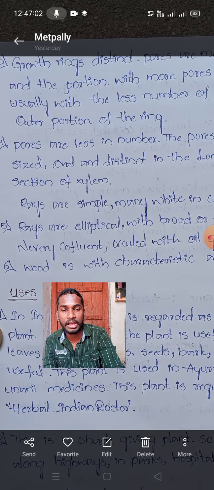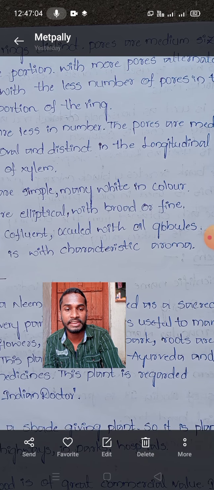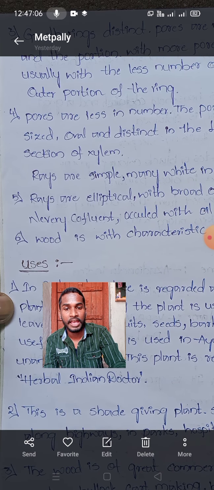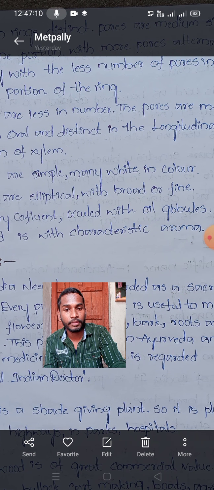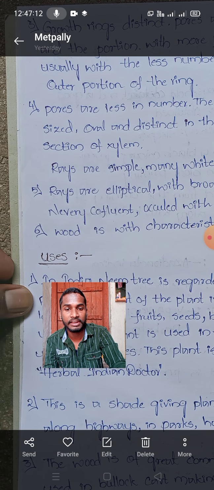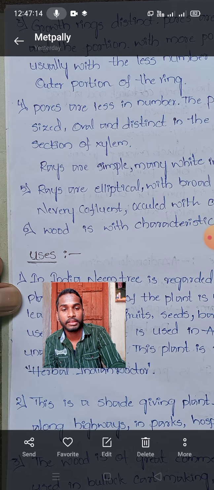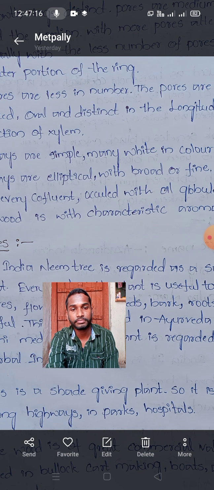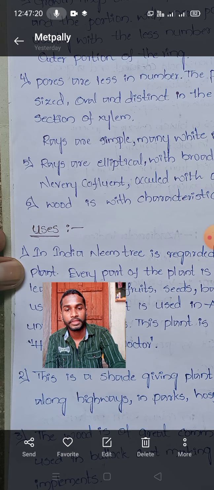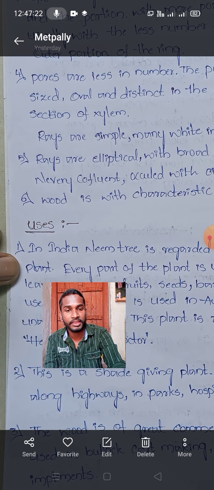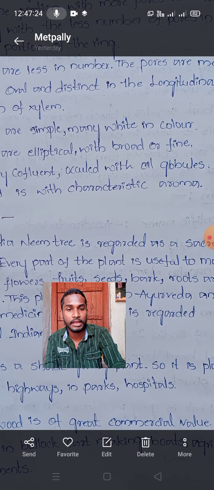Rays are simple, white in color, and the wood has a very characteristic aroma.